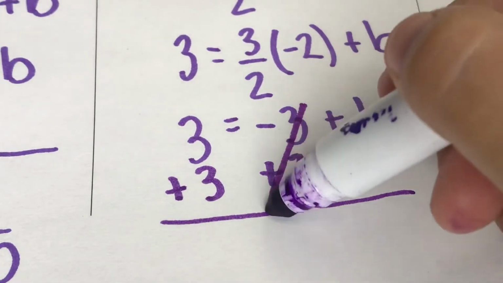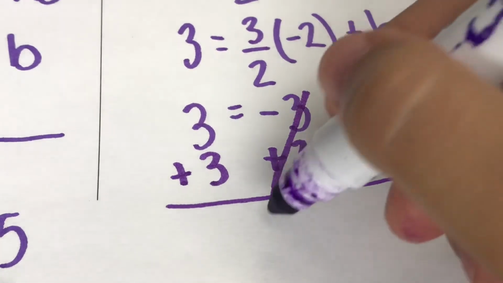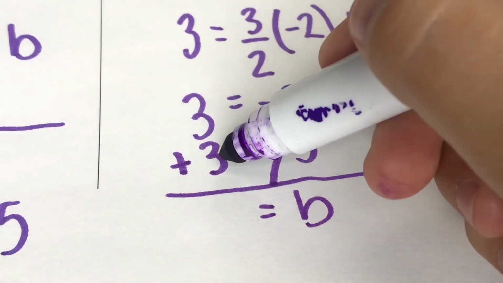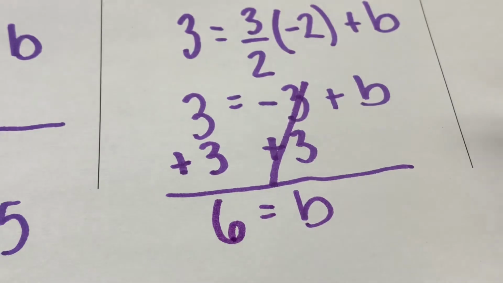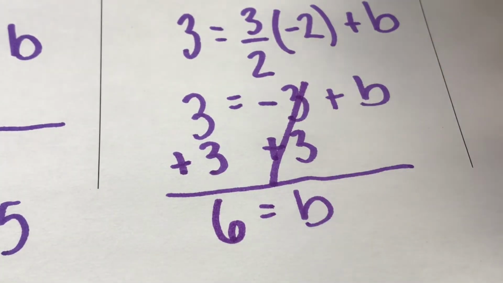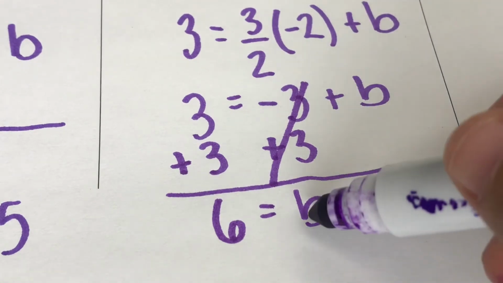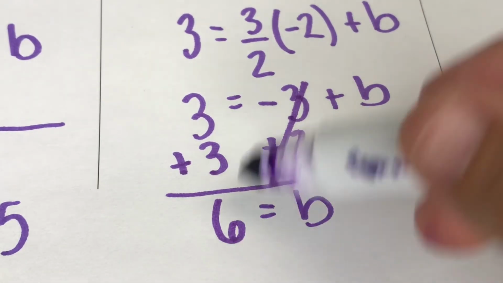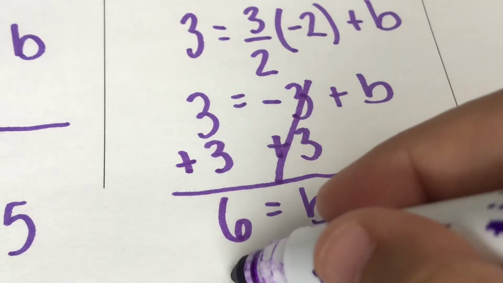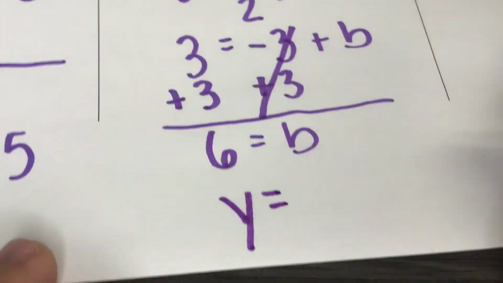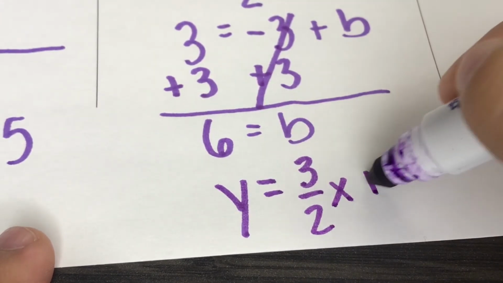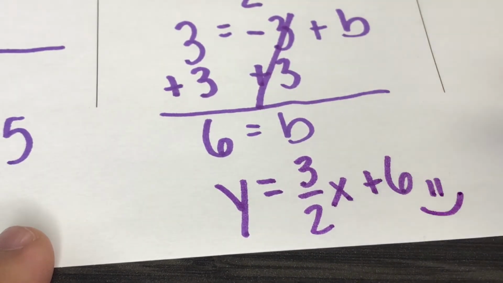We cancel out the 3's here, and now we have b all by itself just like we wanted. Now, 3 plus 3, let's simplify to get 6. So we know now that a parallel line to our original equation has a y-intercept of 6 and has the same slope of 3/2. So our final answer is y equals 3/2 x plus 6.